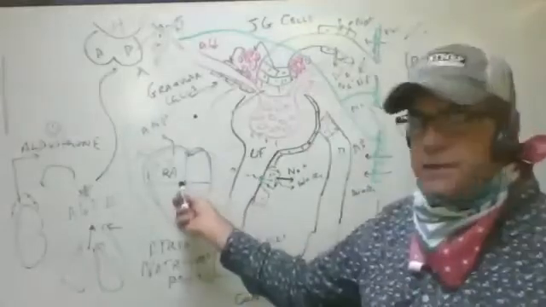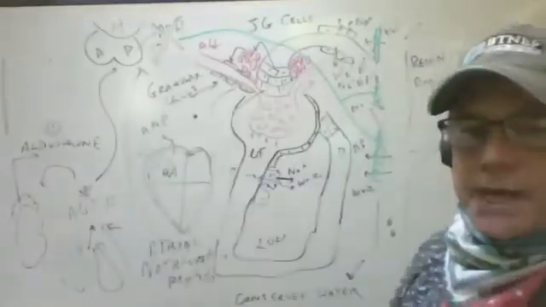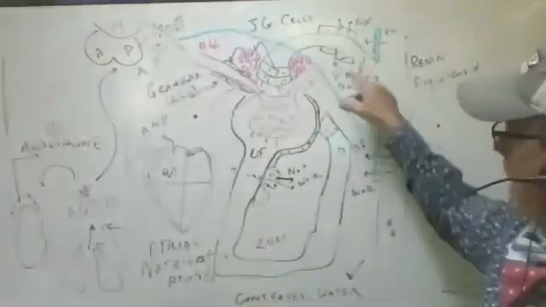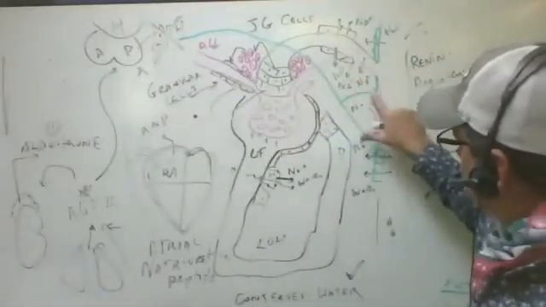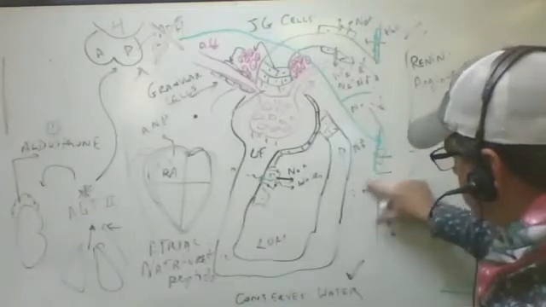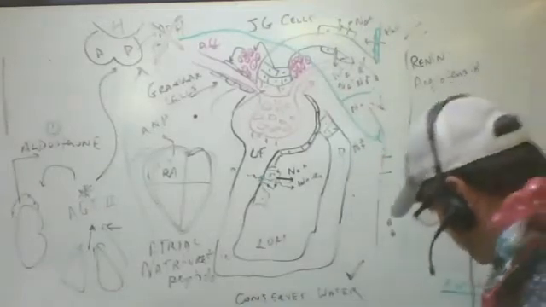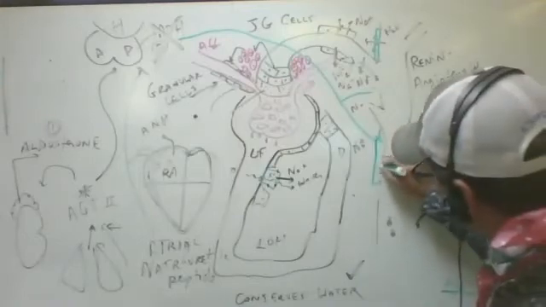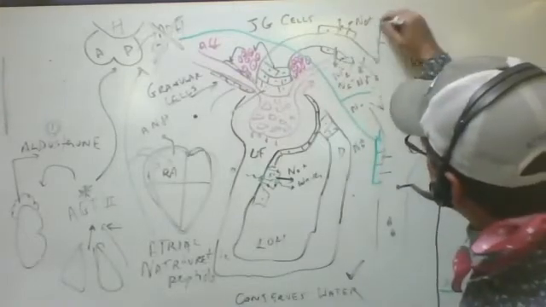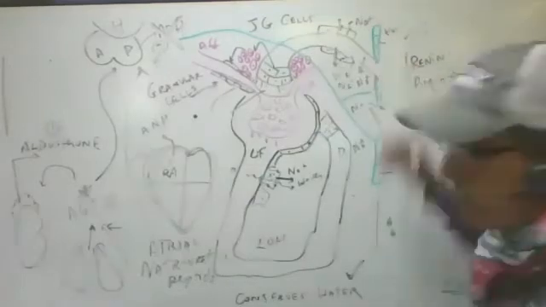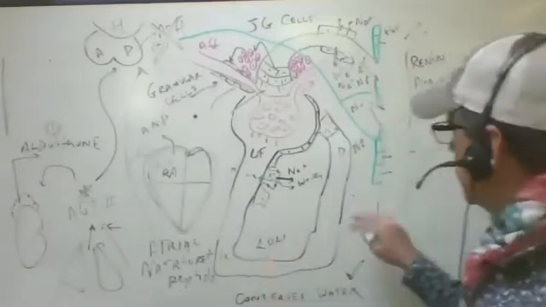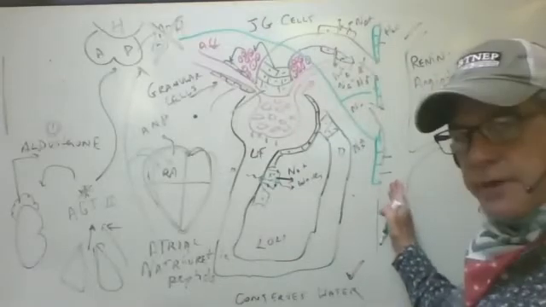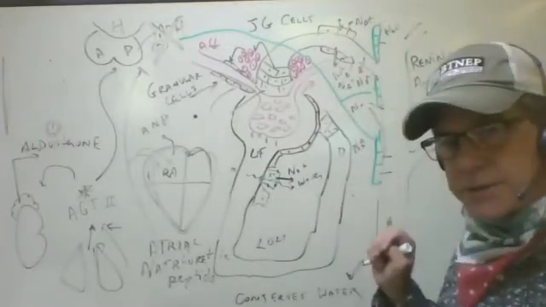So the heart releases ANP, which inhibits ADH. With ADH inhibited, we might have sodium being pumped here, but we don't have water moving, because even though the cells are here, their aquaporins are closed. So when we turn off ADH, it closes these aquaporins and does not allow water to be taken from the collecting duct into the interstitium.